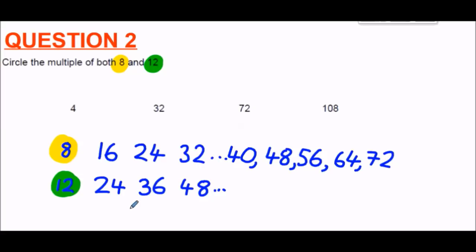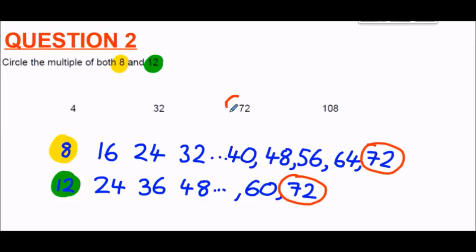But try and keep each times table in line, so the 8s got well ahead, try and make the 12s catch up. 48 plus 12 would be 60, add another 12 would be 72. So finally we found a number which is in both lists and which is one of our possible options, and so the one we circle would be 72.